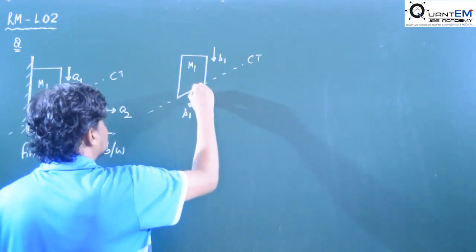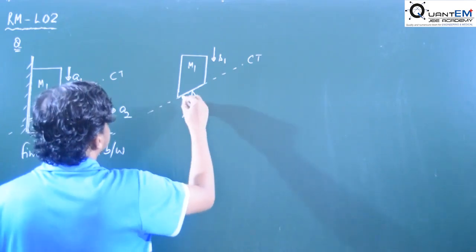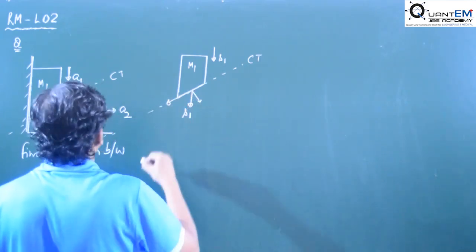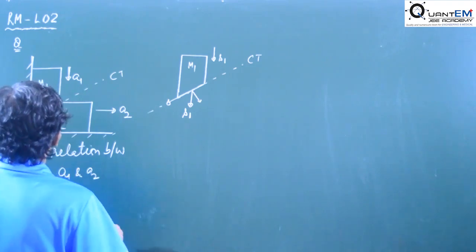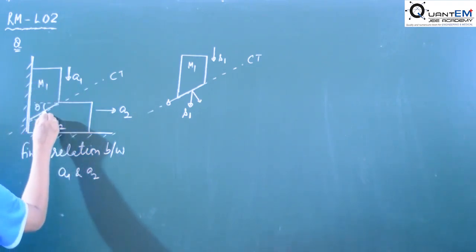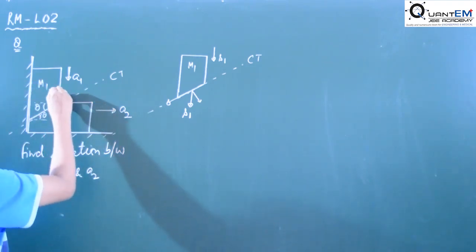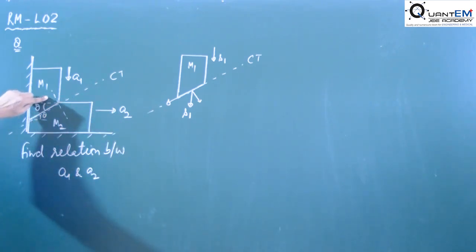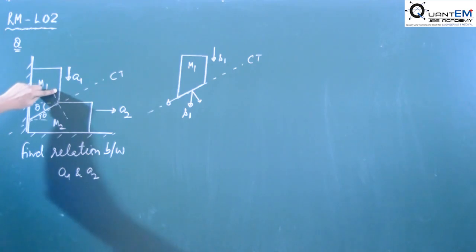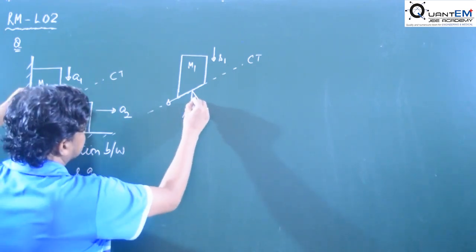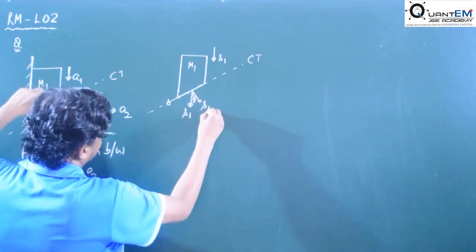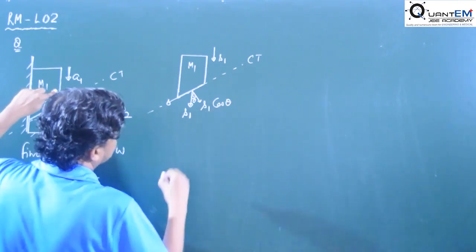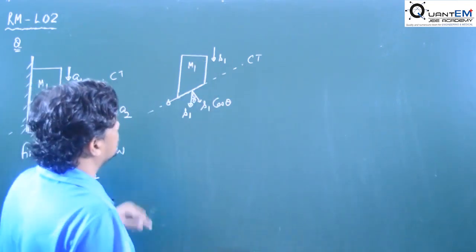Now this s1 has two components. See, if this angle is theta, then this angle is 90 minus theta. This angle we have is what? Theta. So this component is s1 cos theta. This one is the displacement perpendicular to the common tangent.